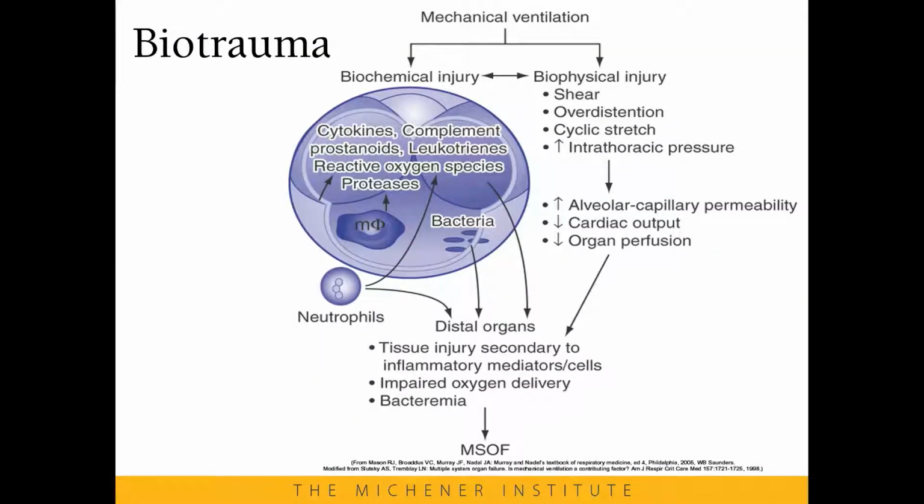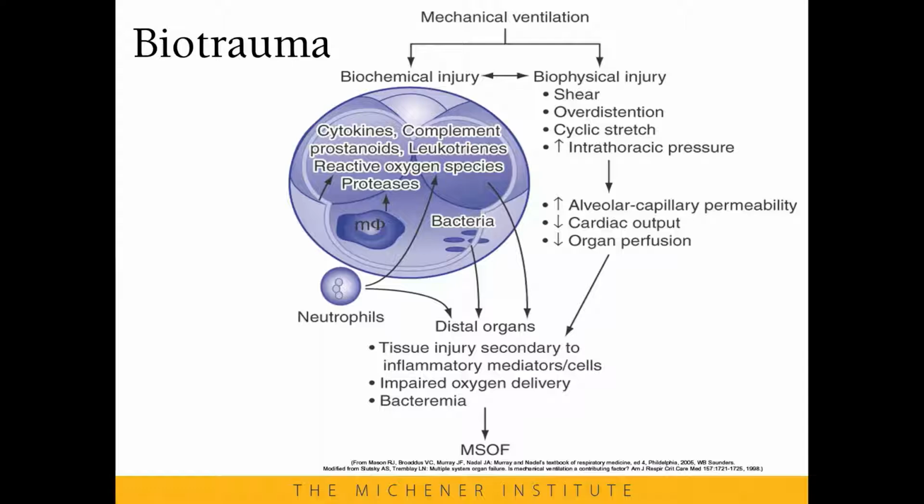And so our biotrauma is a spillage of these chemical mediators that are released from our pulmonary cells when they're damaged and stressed, like we talked on the previous slide. And so as a result of these mediators, we're naturally going to increase our production of alveolar macrophages, and it's also going to increase the release of cytokines.